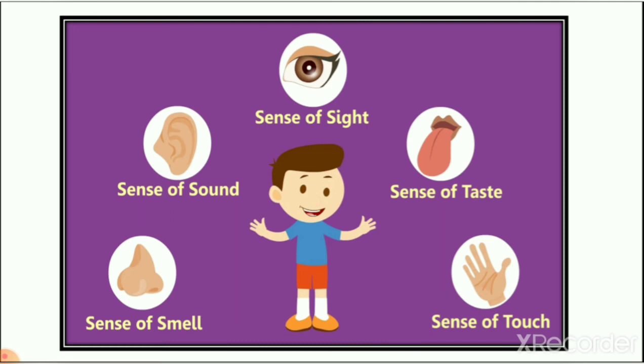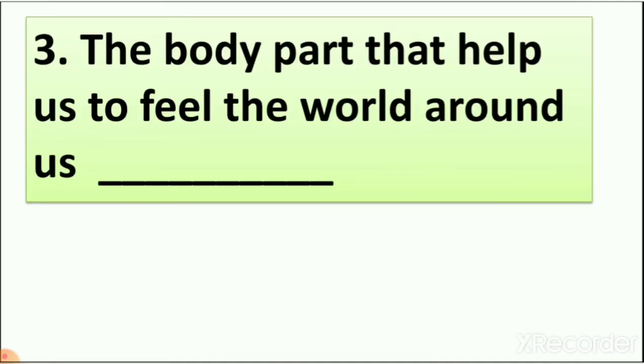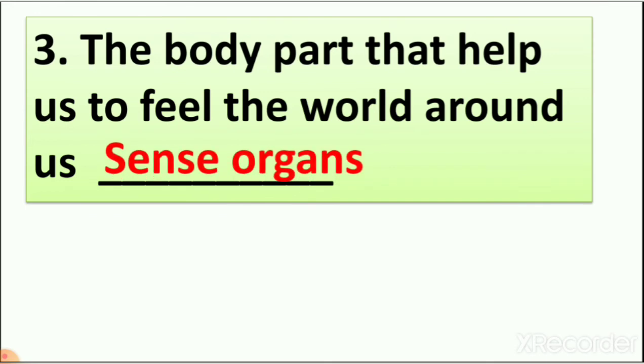And we can feel the world with the help of our senses. So the body part that helps us to feel the world around us is the sense organs. We call them sense organs, right? These 5 sense organs help us to feel the world around us.